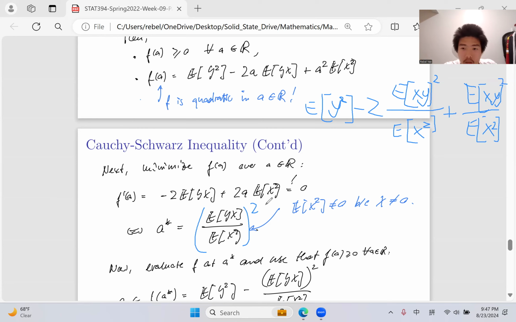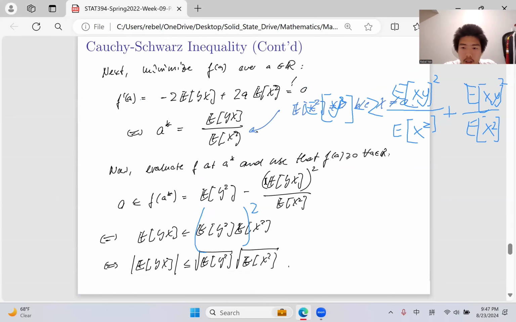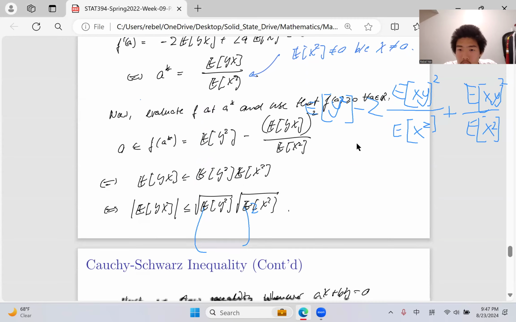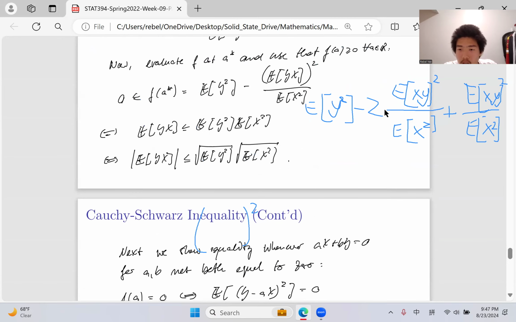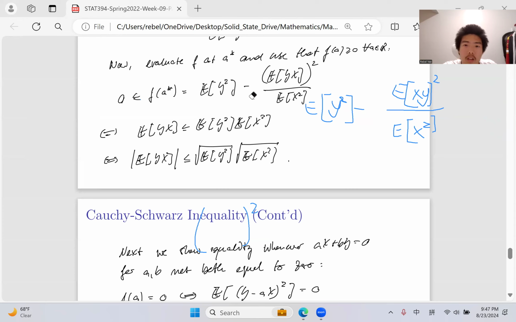And what's the difference here? We can see the expected value of y squared minus 2 and plus 1 of these two terms are the same. So by deleting this term out, plus 1 and minus 2, it becomes minus 1. So it becomes this form.